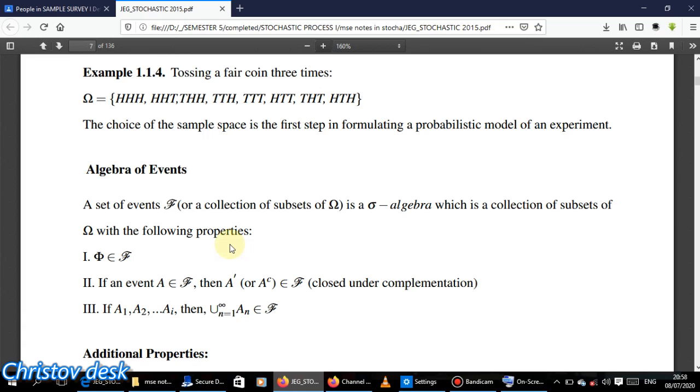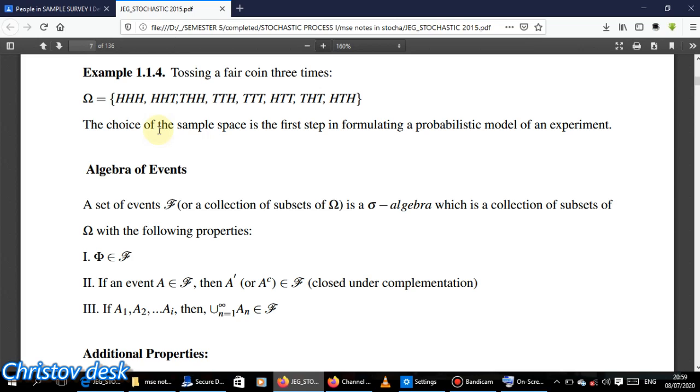Remember that subsets of omega are going to be events, they are going to be of somebody's interest. So one of my subsets can be something that contains head, tail, head, tail, head, and my event in English will be that the first outcome is a head. So I have a subset, and that subset is a collection of events.